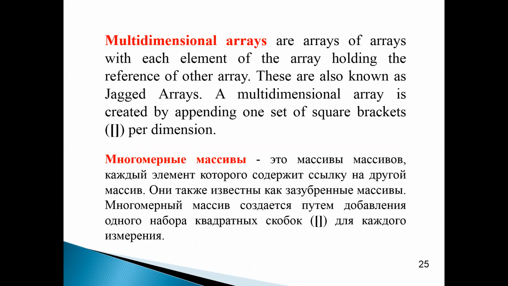Multidimensional arrays are arrays of arrays with each element of the array holding the reference of another array. These are also known as jagged arrays. A multidimensional array is created by appending one set of square brackets per dimension.